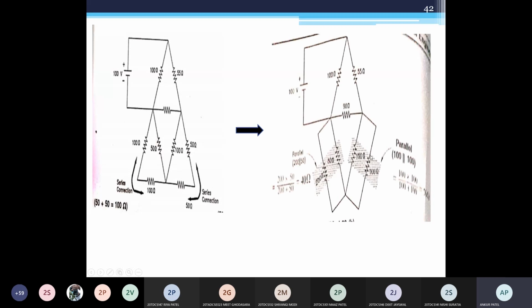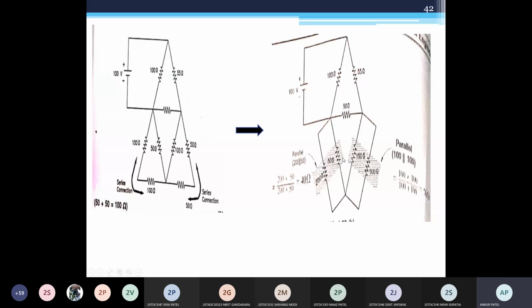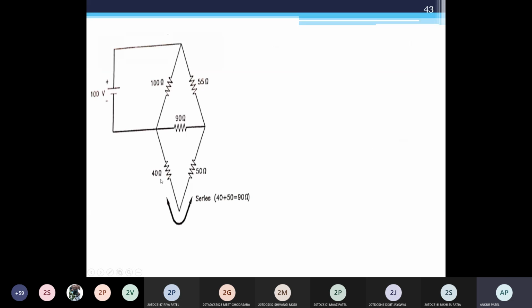Now this becomes 200 in parallel with 50, and 100 in parallel with 100. Now your circuit is reduced to this. We have only this value, this 40 and 50 downward.